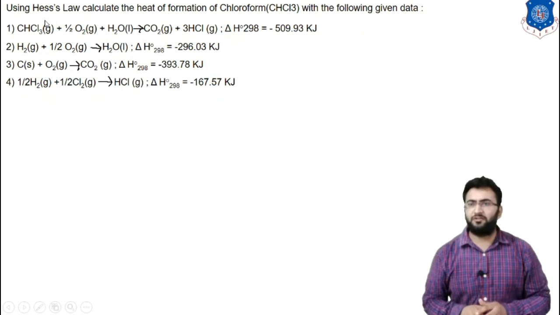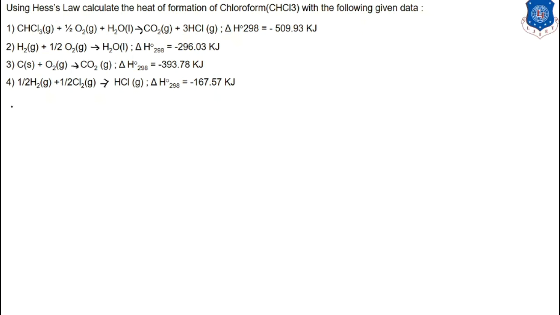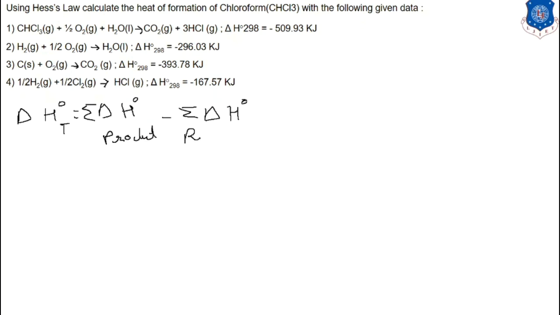To find out the heat of formation of chloroform, let's apply Hess law. The Hess law equation is given by delta H naught of total reaction is equal to summation of delta H naught of the product minus summation of delta H naught of the reactant.